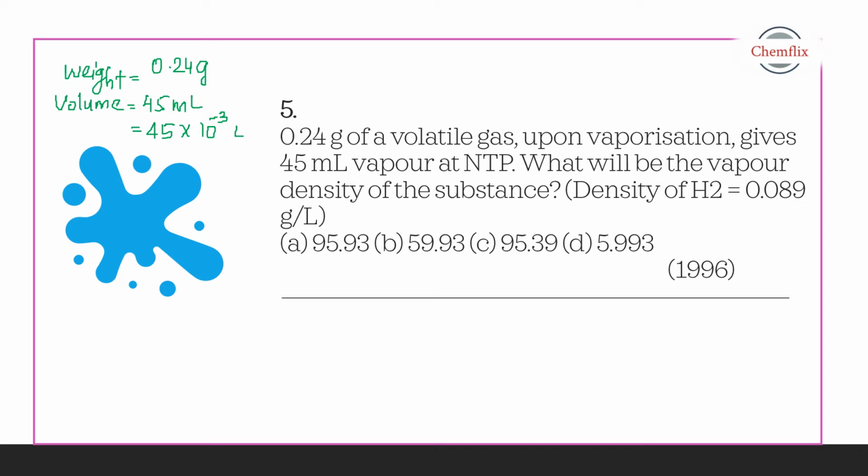Vapor density: here the density of hydrogen is also given. Density of hydrogen is equal to 0.089 gram per liter.